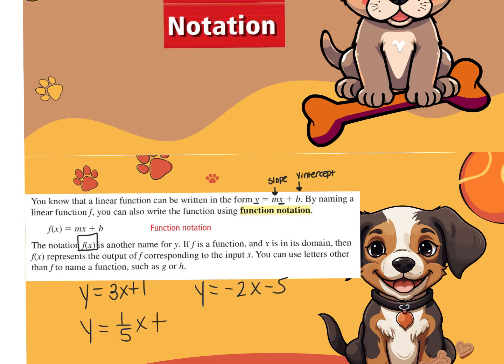But if instead we replace those y's with different beginnings, like f of x, and just like f of x, you could use other ones like g of x, or even h of x. Those are just new names for each one. So if I told you that I wanted you to graph g of x, would you know which one I was talking about now? Yeah. If I kept it as y, would you know which one I was talking about? No. So it's just like giving new names to different functions, so that way you could distinguish between them.